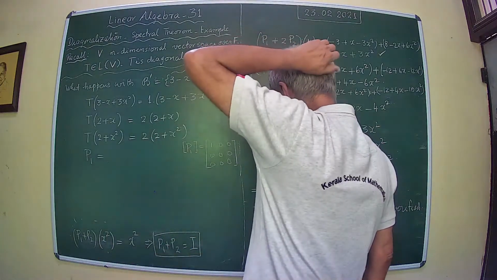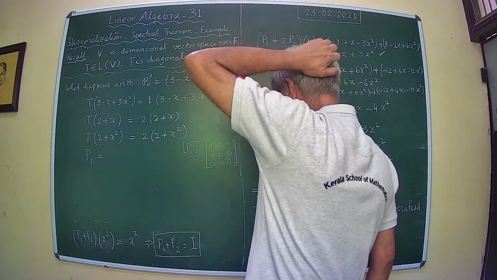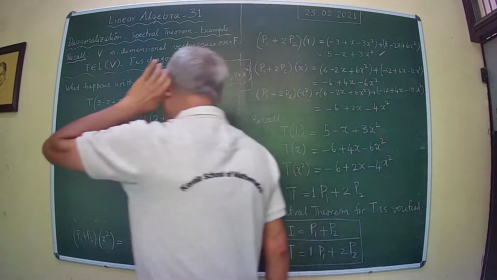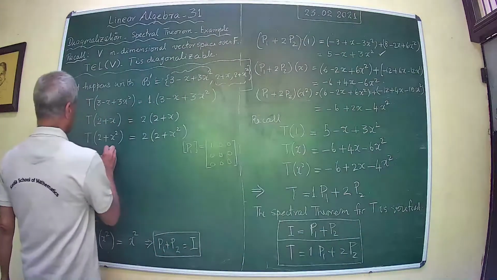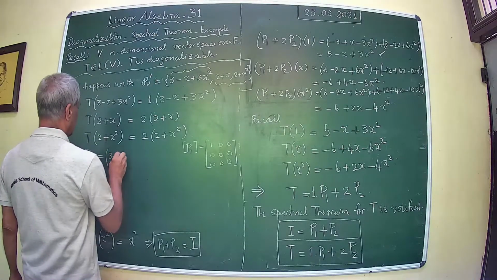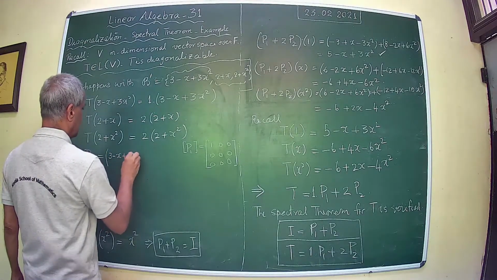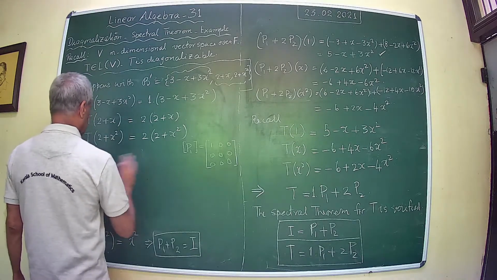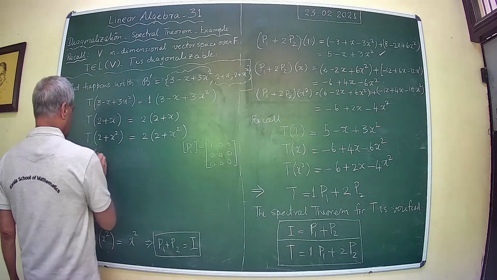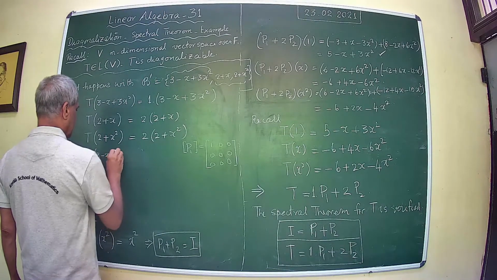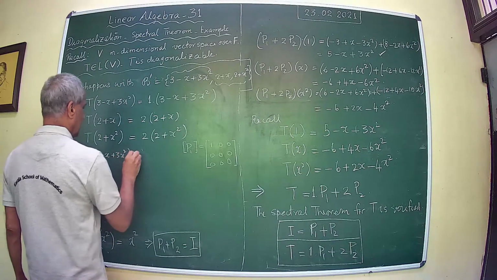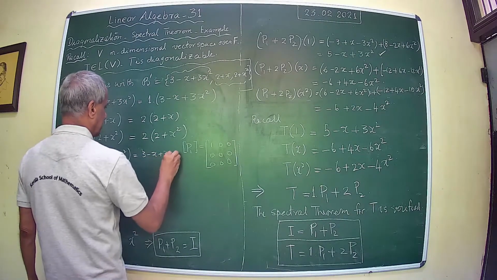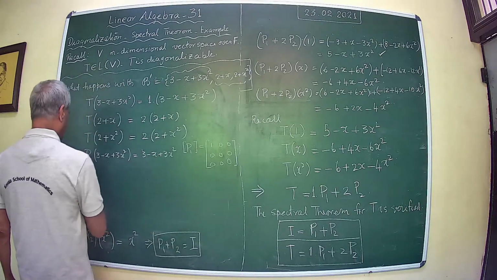This is P1. That means P1 of... is taken as 3 minus x plus 3x squared.